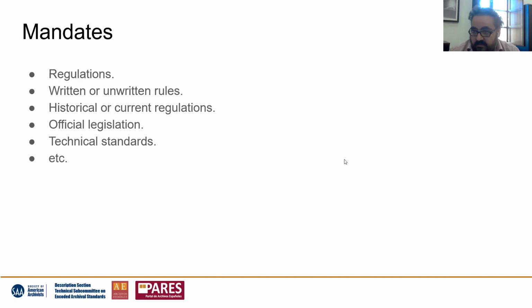To better understand these second level entities and how they can be thesaurized or use controlled vocabulary, NEDA standards detail which elements can be contemplated in each of them. For example, the mandate entity is assimilated with any type of regulation, current, historical, written, not written, any type of official legislation, laws, decrees, any type of technical standards, and so on.